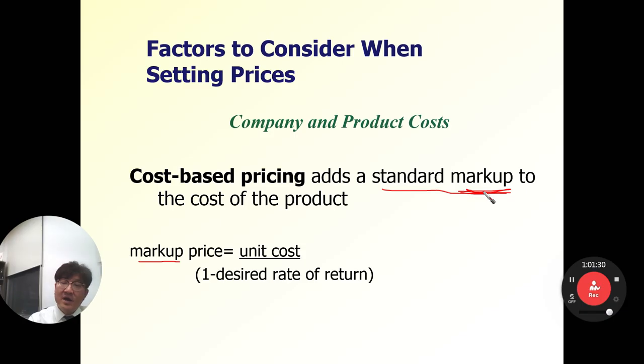But even though you see the term markup, just consider it the same as the margin on sales, because this textbook does not distinguish the markup and margin on sales. So when you call that markup pricing as we did before, this is basically margin on sales pricing: unit cost divided by 1 minus the desired rate of return on sales. See, we did it.